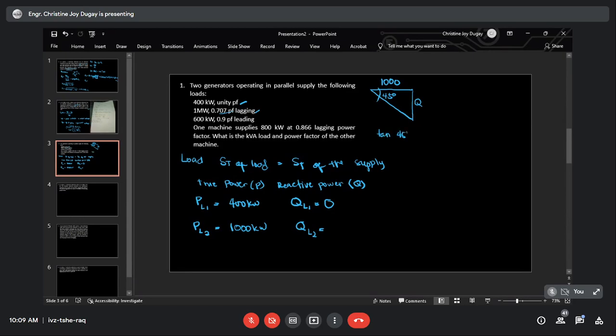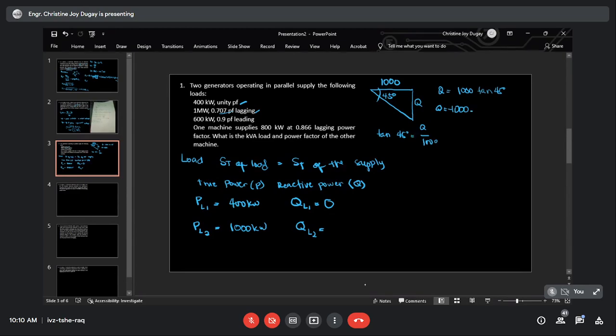Tangent 45 degrees is equal to Q over 1,000. Or ang Q natin is equal to 1,000 tangent of 45 degrees. So according to Mr. Salom kanina, that is approximately 1,000 ba? Negative, since that is lagging, no?